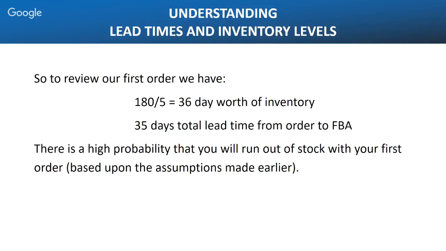By the time we place the initial down payment, and all of the process is done and we get products by air into FBA, it's 35 days. So we've got 1 day of float. There is a high probability that you will run out of stock with your first order, based upon the assumptions made earlier.